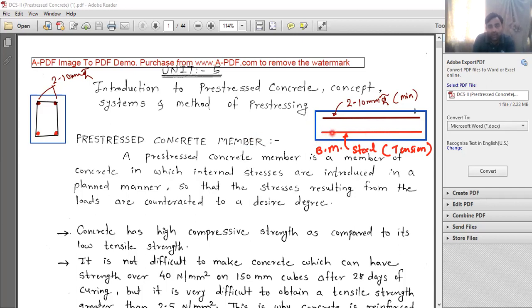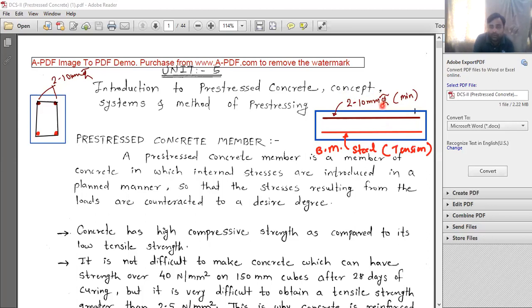On that bar we apply some compressive forces, due to which internal stresses are developed in this bar, and those stresses resist the stresses which are developed due to the loading.